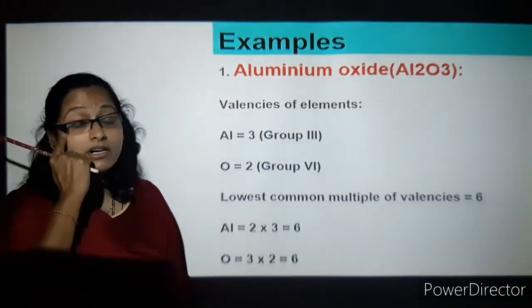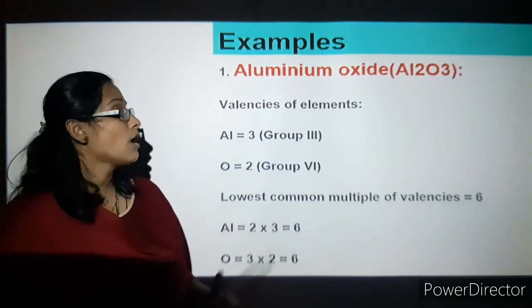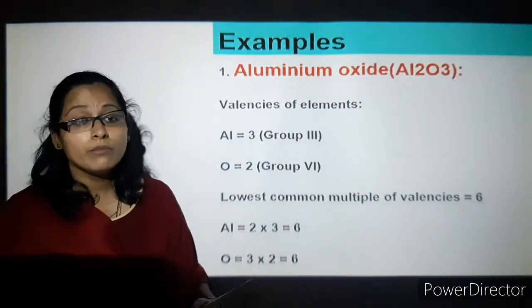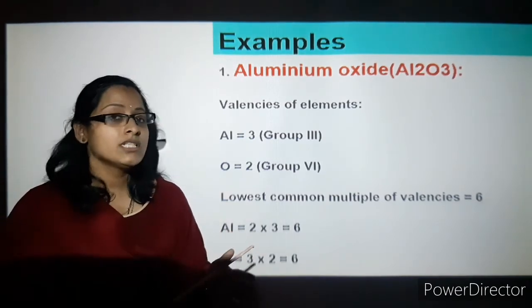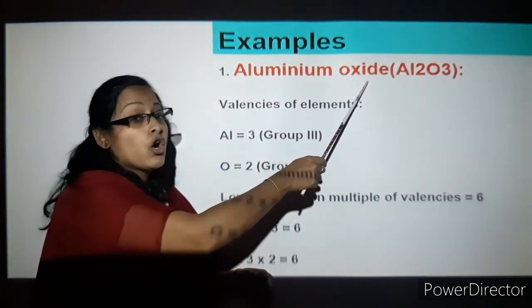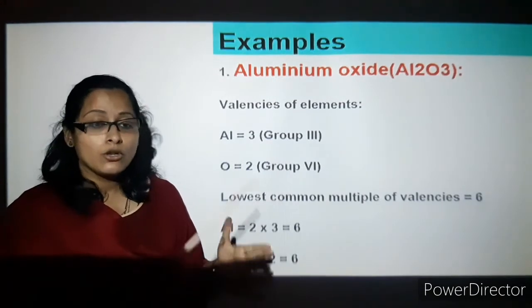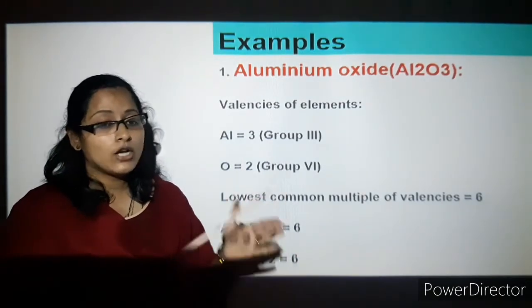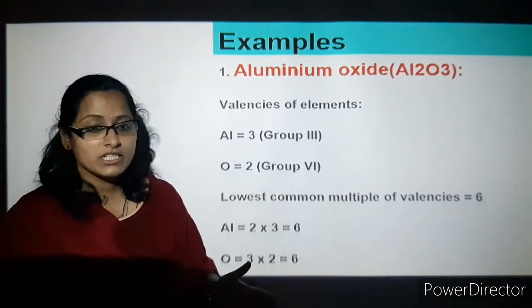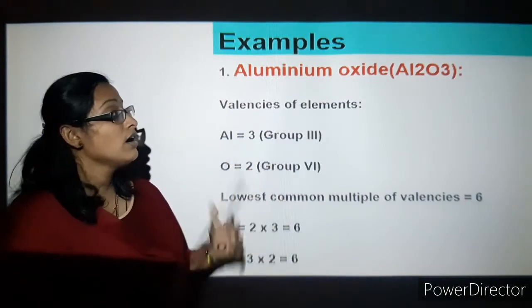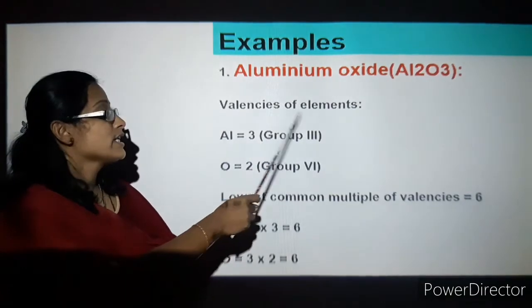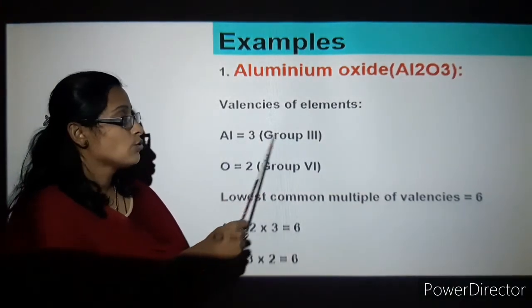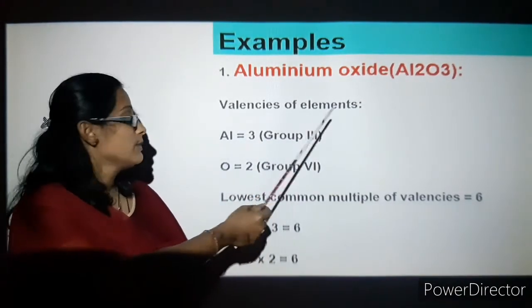If we are given aluminium oxide, how will you write it? You need to find out the valency first, of aluminium and oxygen. You cross multiply the valencies and you get the formula, that is Al2O3. How will you write the valencies of the elements? Aluminium is 3, group 3 of the periodic table.